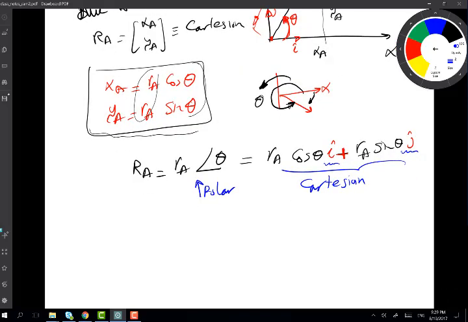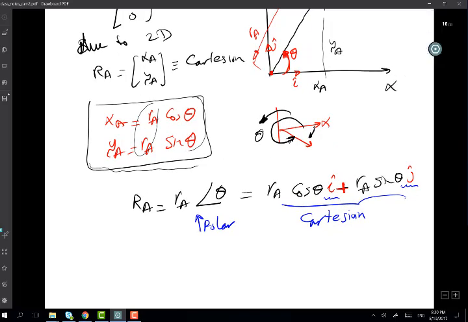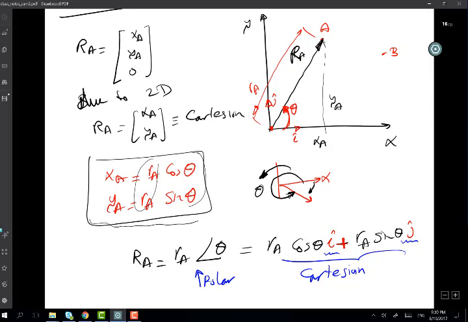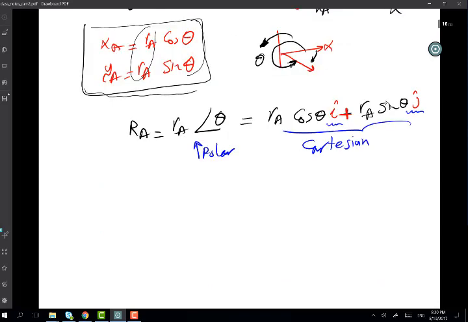All right, so that's a representation of the vector. Now, I can also represent the vector using another method, which is a complex number method, or complex number notation, if you like. So we can use complex number notation for vectors.